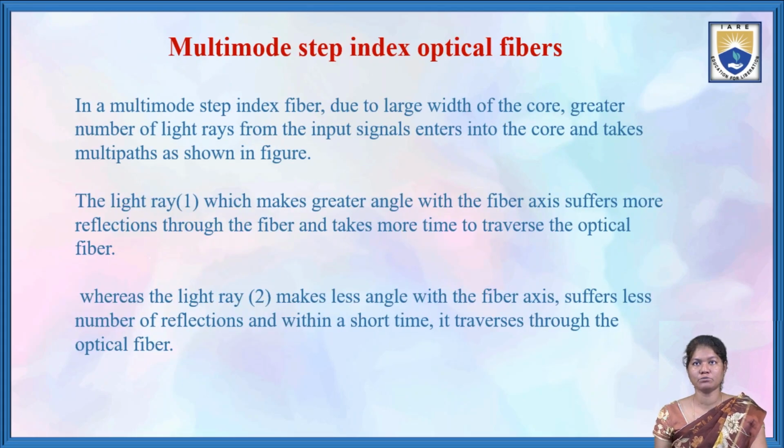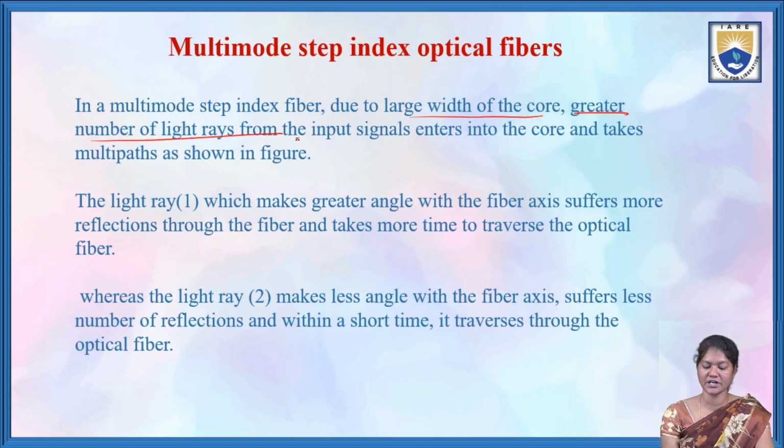Coming to the multi-mode step index optical fibers, due to the large width of the core, a greater number of light rays from the input signals enter into the core and take multi-paths.